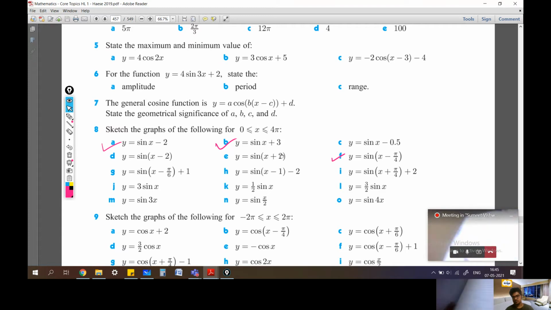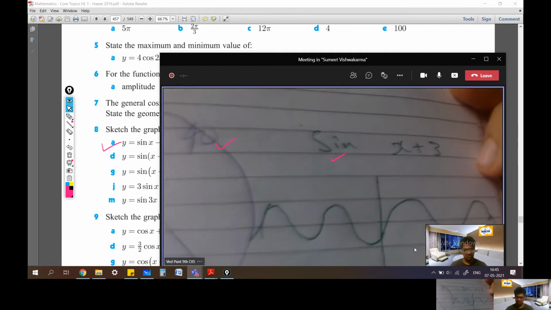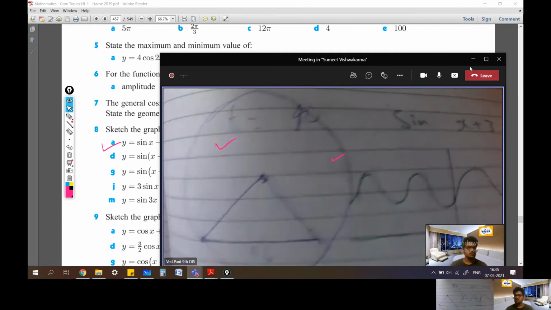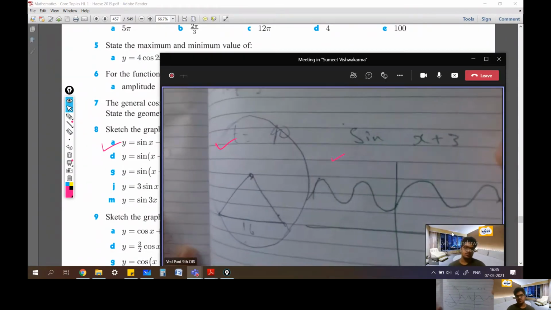Here, sin x plus 3. Wait, the x-axis is, how do I show it? Yeah, it's there. So can I join now, because I'm on my hotspot.